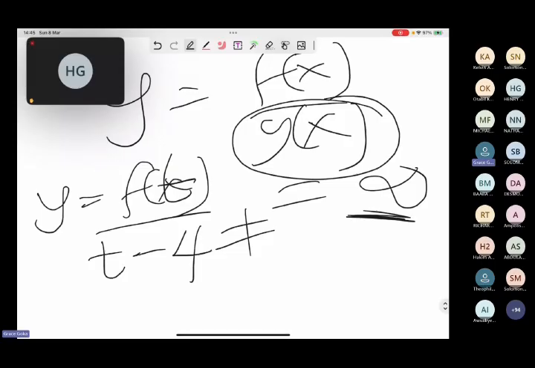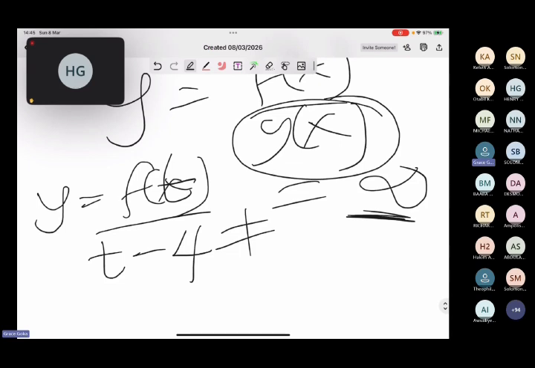Therefore, I need to go in the server room and work on the AC so that the temperature will be normal again. The temperature will become abnormal if the function is undefined, meaning we are looking for the set of all times at which the denominator is not equal to 0.